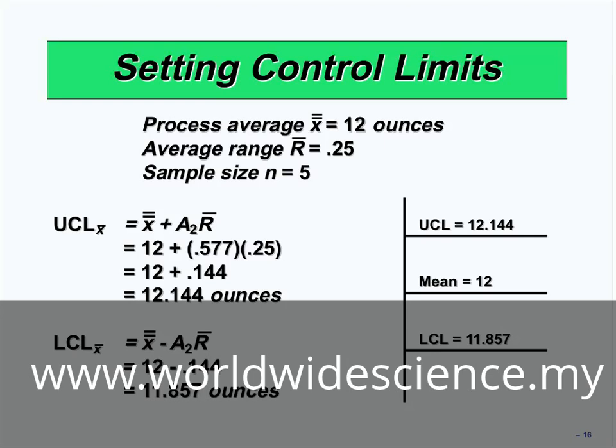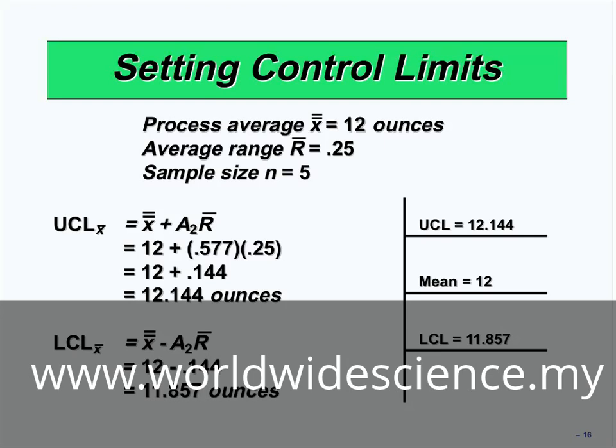When you calculate X bar, when you calculate UCL and LCL, and when you calculate the average of the UCL and LCL, for example, UCL is 12.144 here. LCL equals 11.857 here.